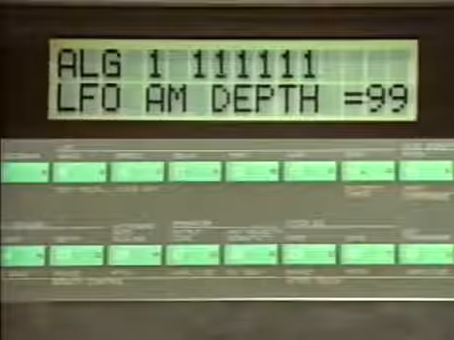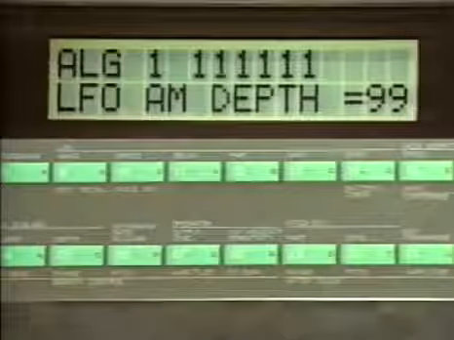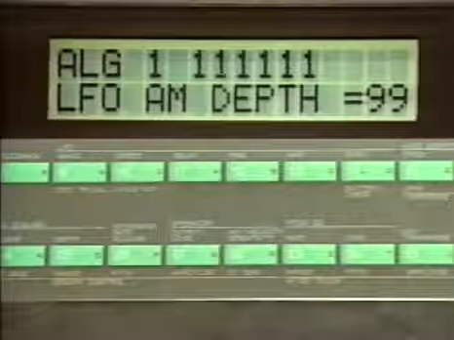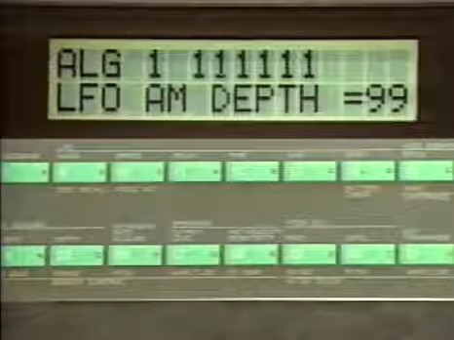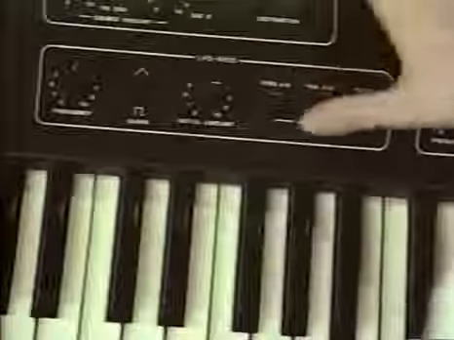And another word for amplitude modulation is tremolo. If you route the LFO to the filter, you're modulating the harmonic content of the sound. And, well, there is no other word for filter modulation. It's just called filter modulation. To the filter.